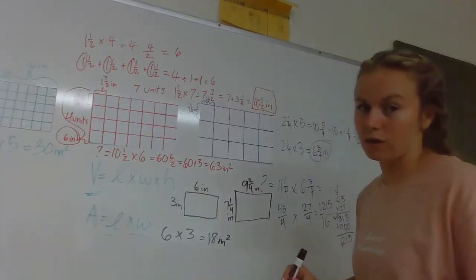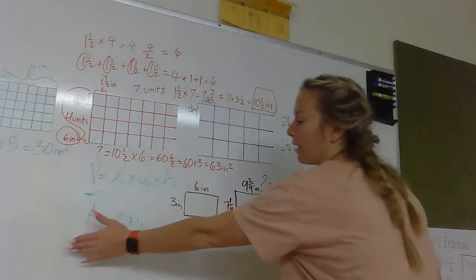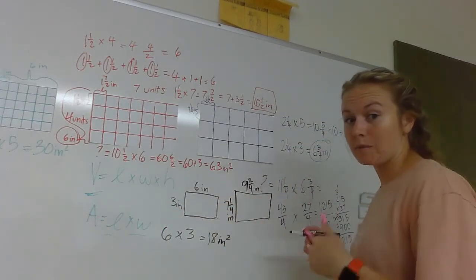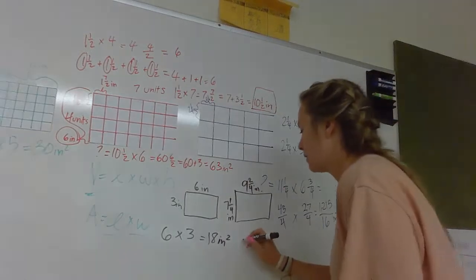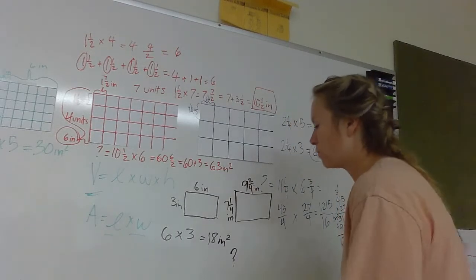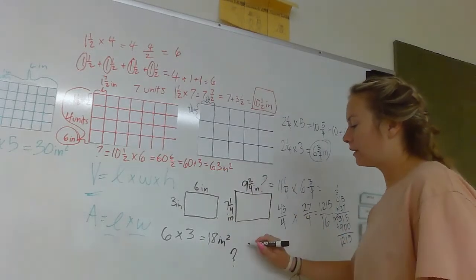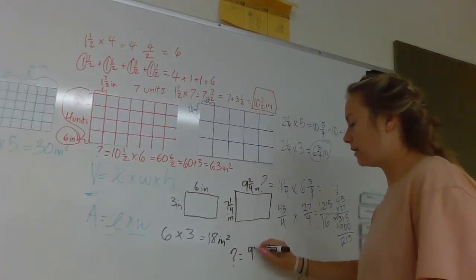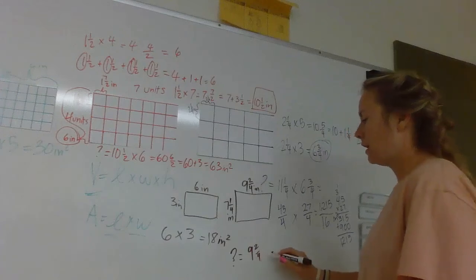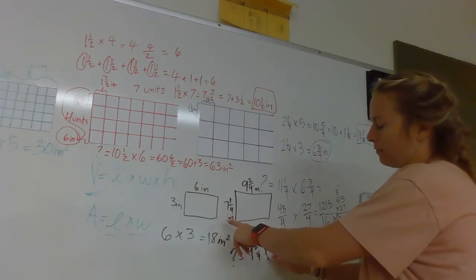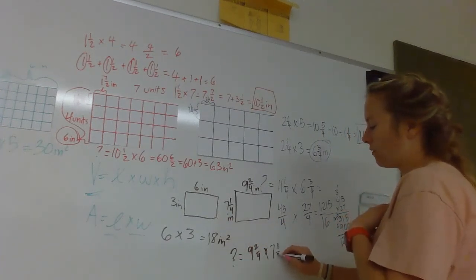That was sort of difficult. We're going to do area equals length times width. So we've got a question mark on our area because we do not know what our area is yet. Our length, we do know, is 9 2/4. And then our width is 7 1/4.